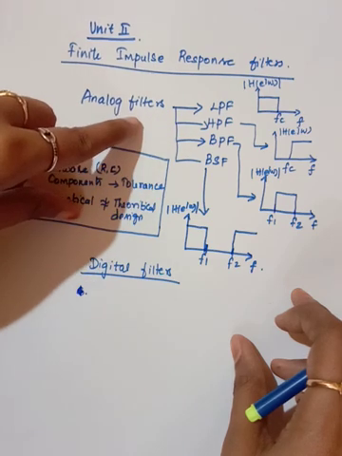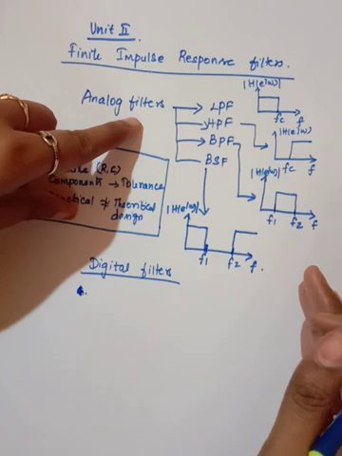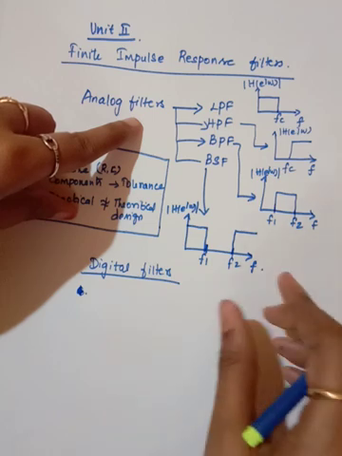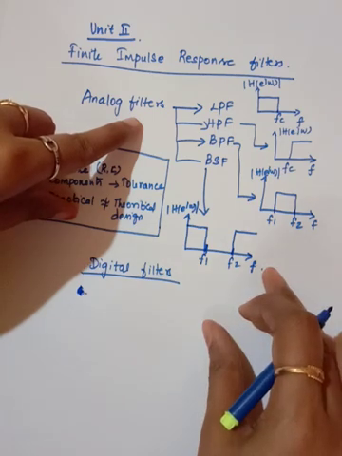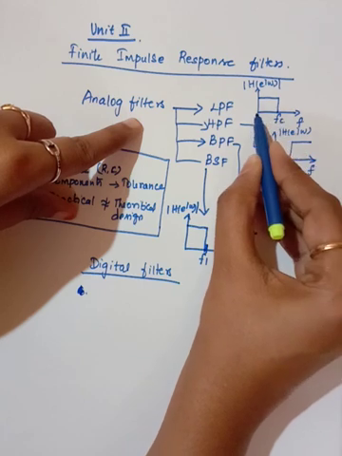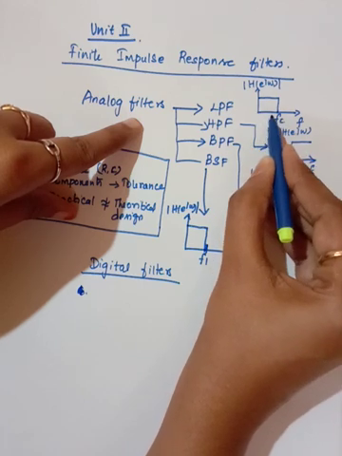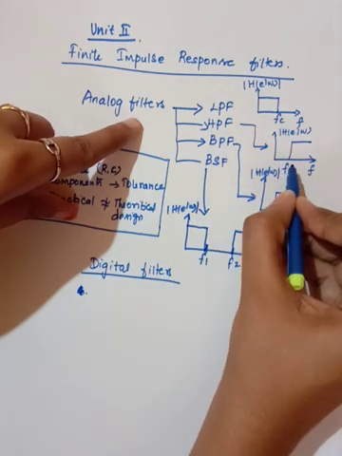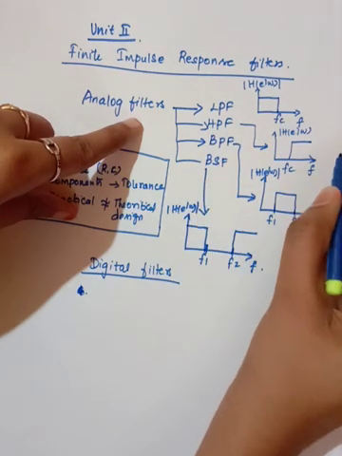You know that a filter will allow one particular frequency and block the frequency which is not required. In a low pass filter you have a cutoff frequency, and it will pass the frequency from 0 to fc. Similarly, a high pass filter will pass the frequency above the cutoff frequency.